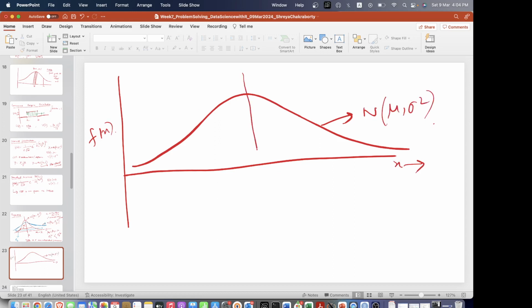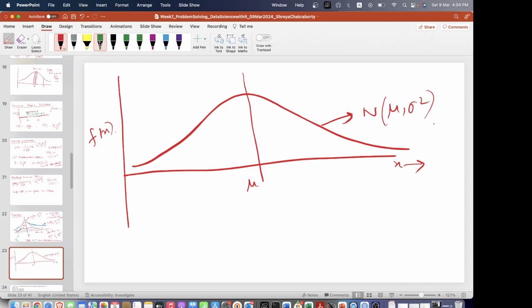So here the center of symmetry would be mu. Now if we draw lines like this, these are equidistant lines.